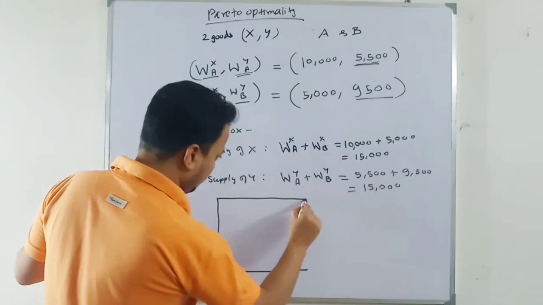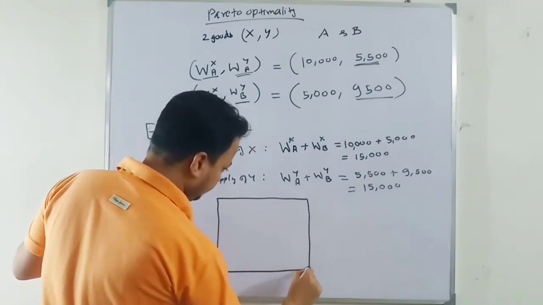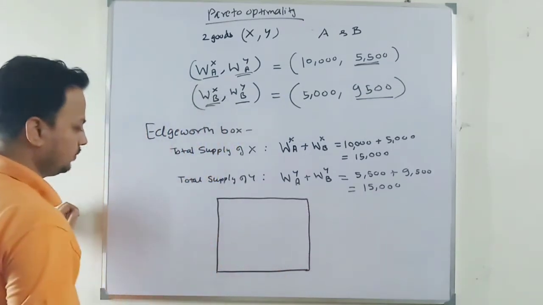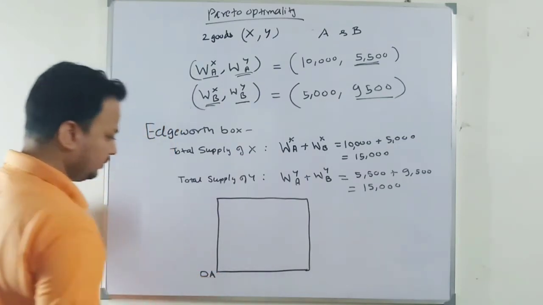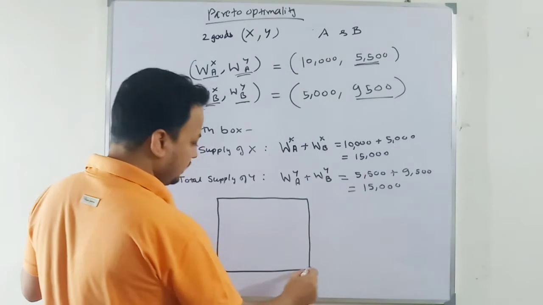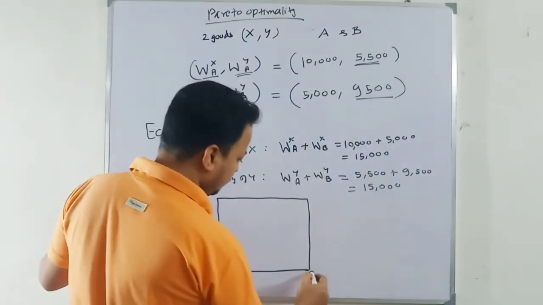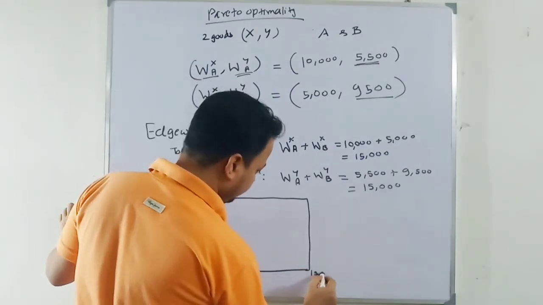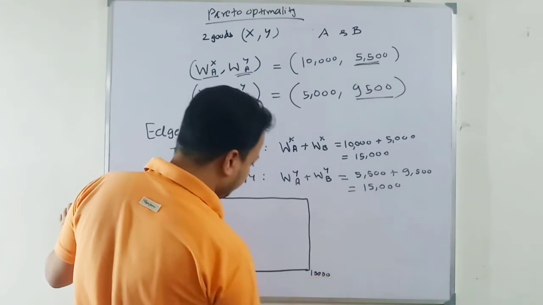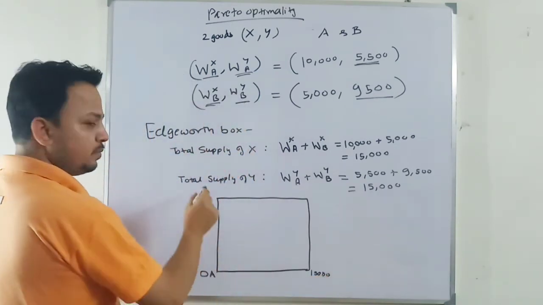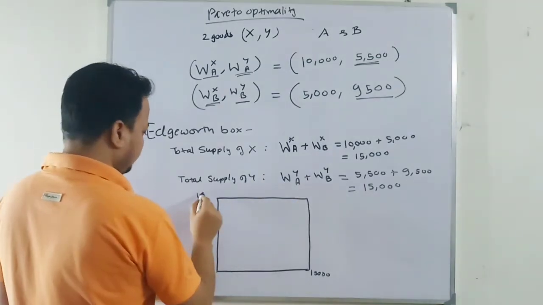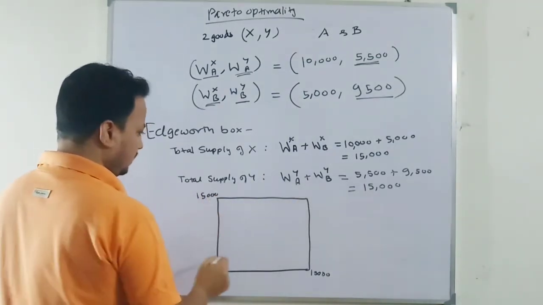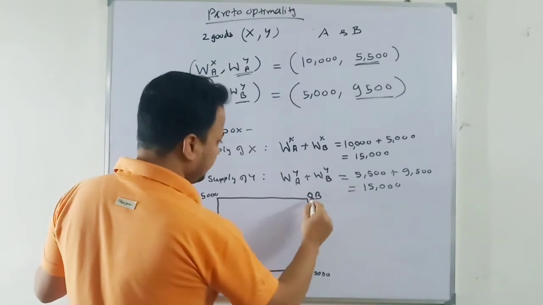Then join the box. So this is the origin of consumer A. This is good X, the total supply of good X, so it will be 15,000. The vertical axis represents the total supply of good Y, and it is 15,000. And this is the origin of consumer B.